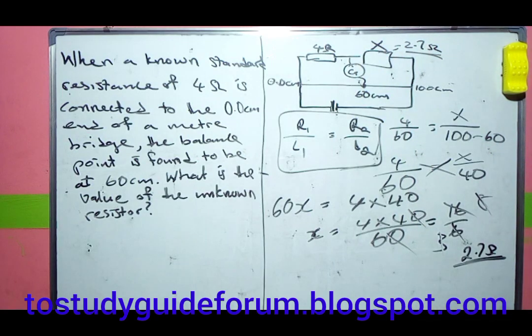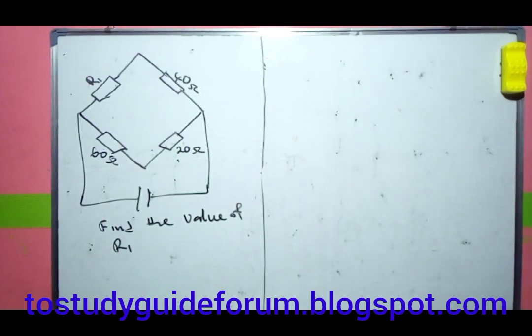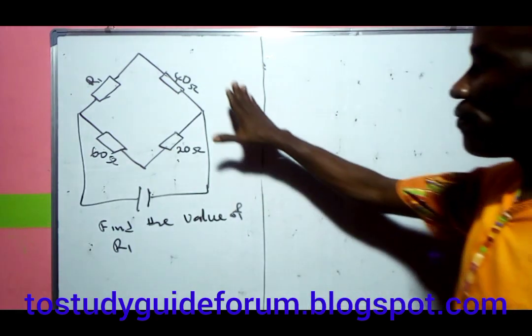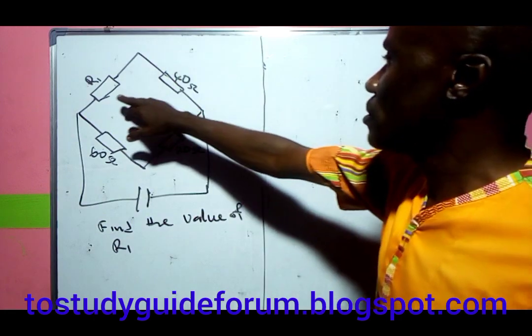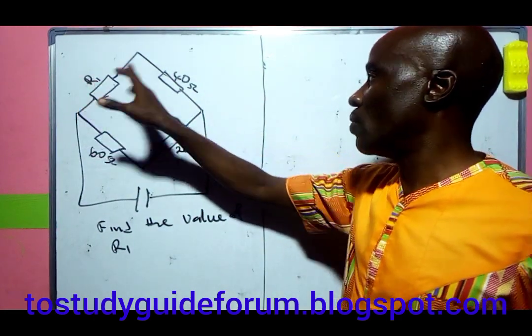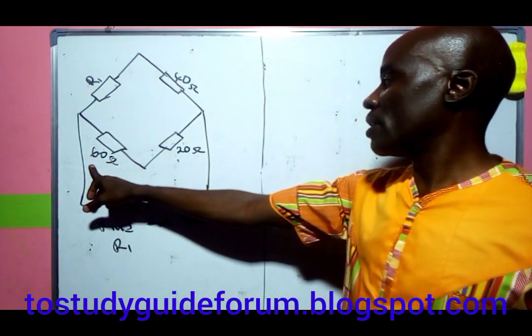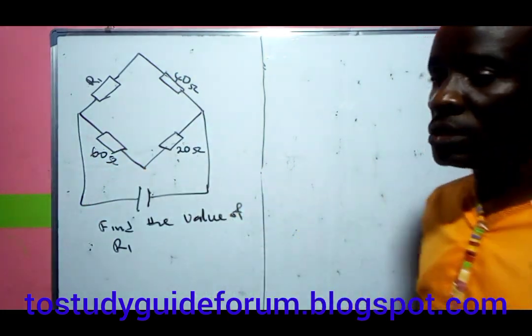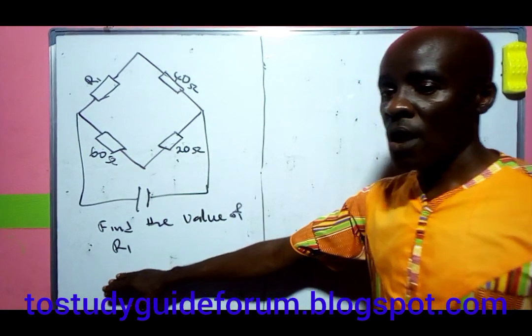So let's look at how we can solve the next one, which is how to use the Wheatstone Bridge. Now what we have here is a diagram of the Wheatstone Bridge. In this Wheatstone Bridge, we have R1 unknown, R2 is 40 ohms, R3 is 60 ohms, and R4 is 20 ohms. It says find the value of R1.